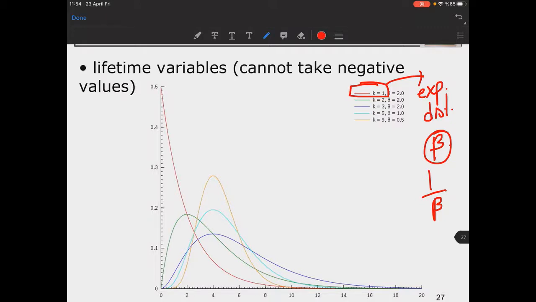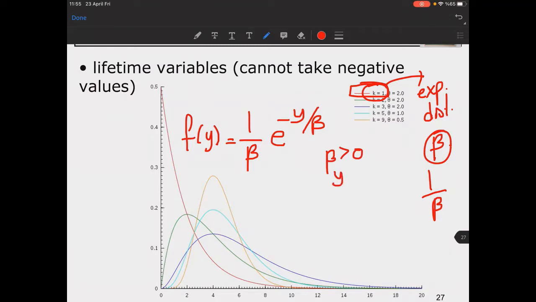And its probability density function is, not surprisingly, we will just drop the alphas here. It is 1 over beta. Since your k is 1, we will drop the alpha and k here. 1 over beta times e to the power minus y over beta. This is your probability density function where your beta is greater than 0 and your y is greater than or equal to 0 here.